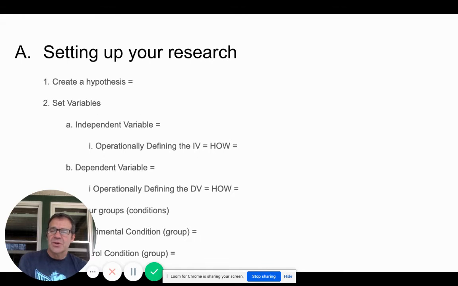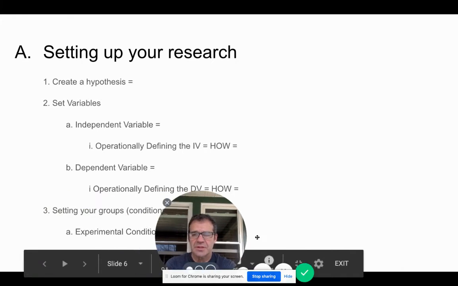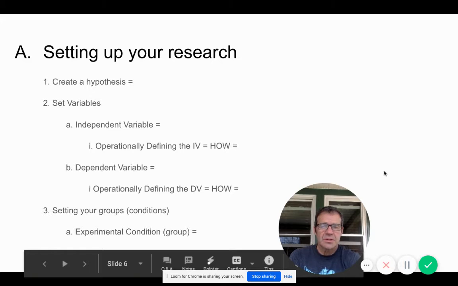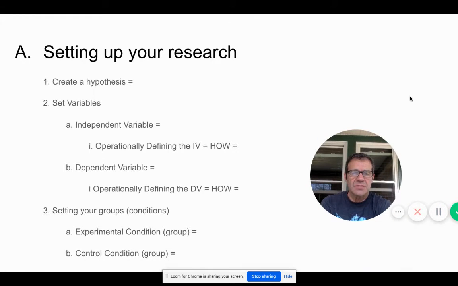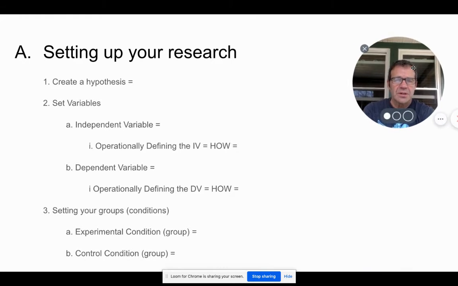Okay. So here we go. Number 1 is create a hypothesis. So I'm going to see if I can move myself here. Yeah, see if that works better. And so create a hypothesis has an equal sign, so that means we're defining it.